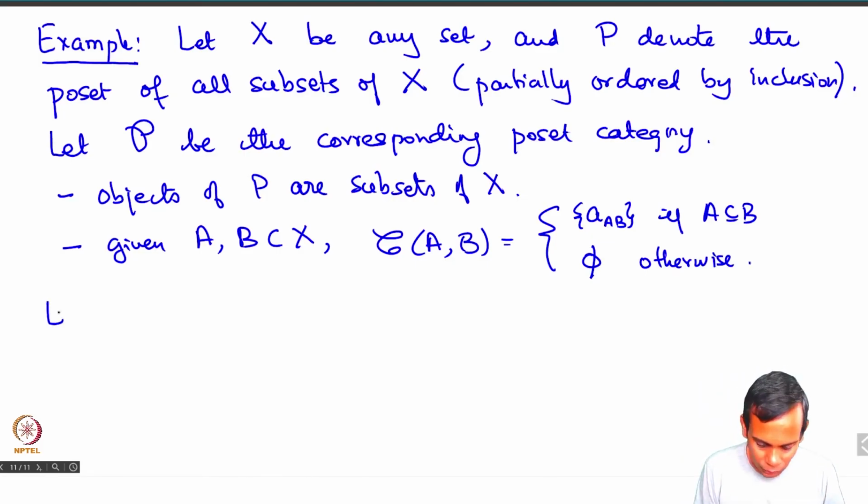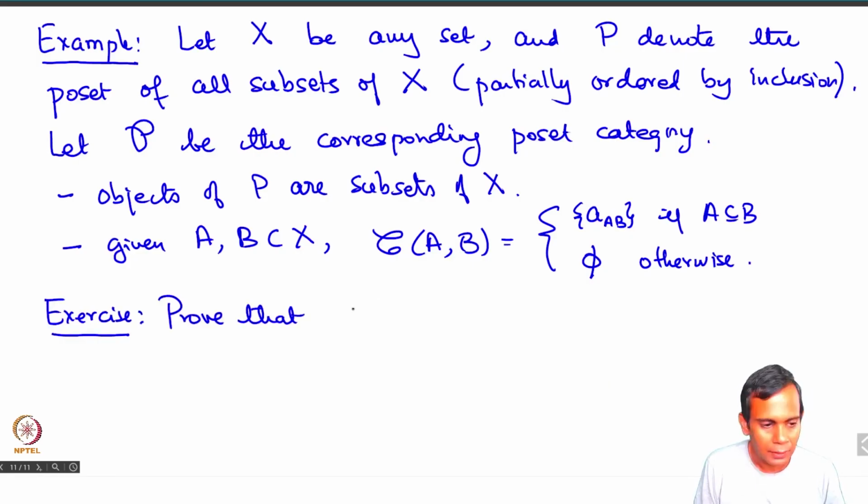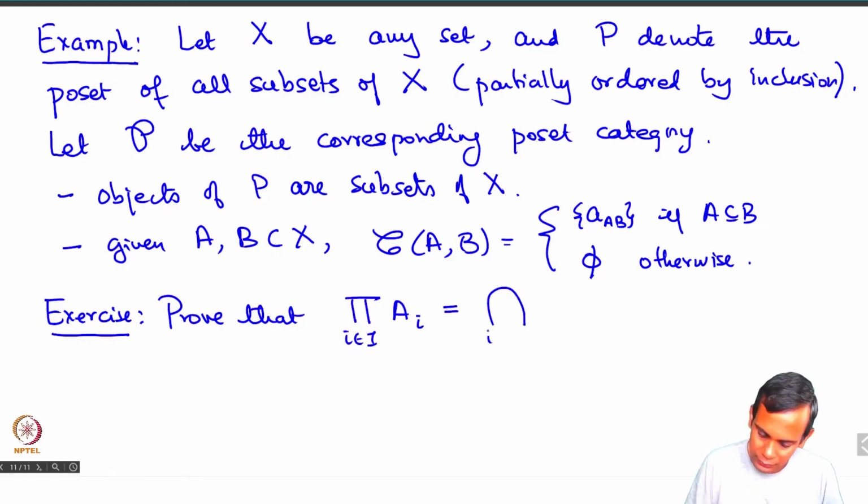And here's an exercise for you. Prove that in this category, the product over i in I of A_i is just the intersection over i in I of A_i, and the coproduct over i in I of A_i is just the union over i in I of A_i.